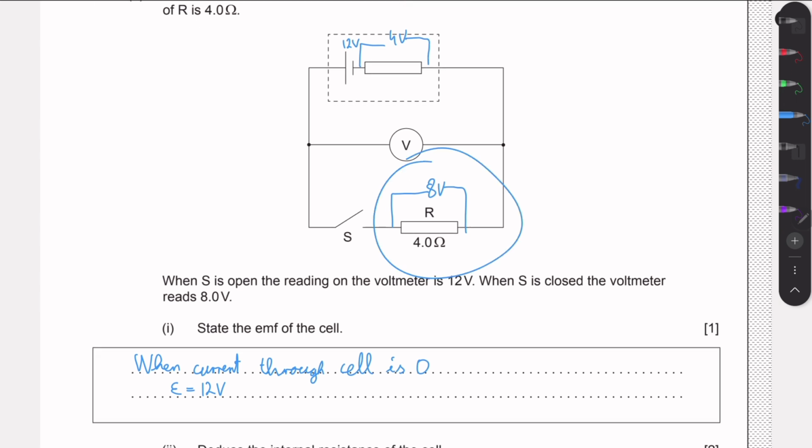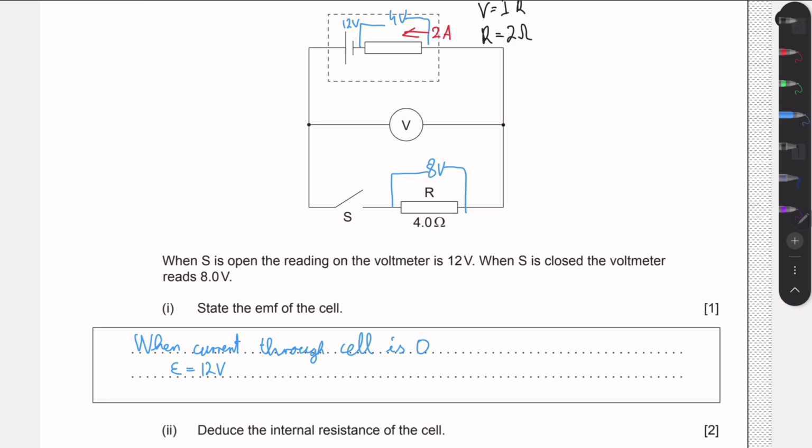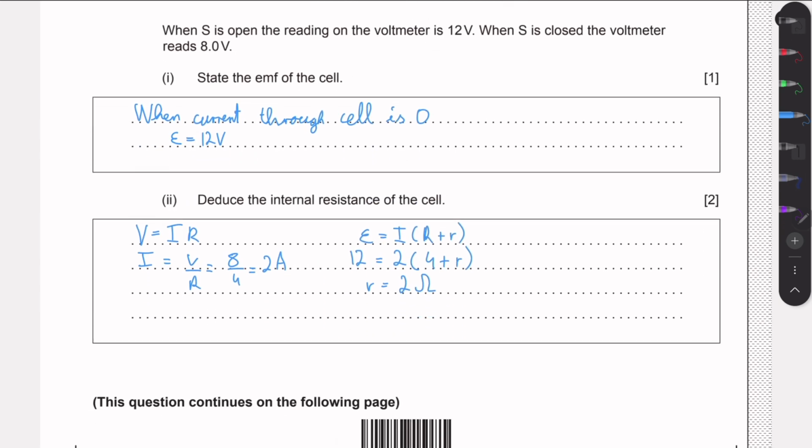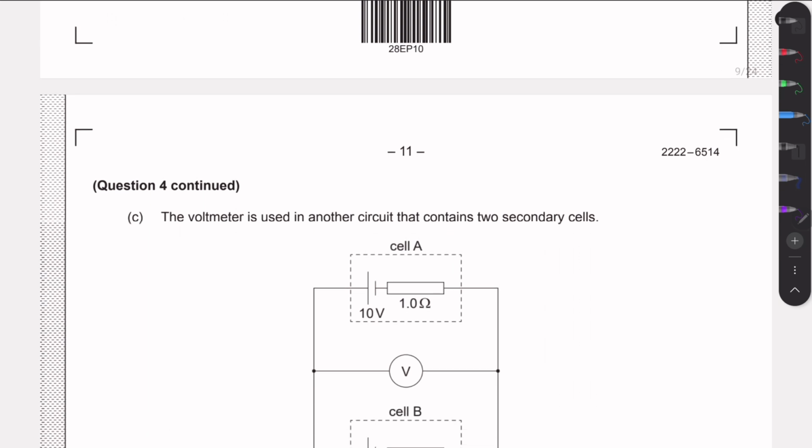And from this, when we calculated that the current is 2 amps, we know that 2 amps flow through our internal resistance. And so we can again use V is equal to IR to see that if we have 4 volts and 2 amps across something, then the resistance must be 2 ohms. And well, this is pretty much the same as this formula. It's just a different way to see it, maybe an easier way to remember.